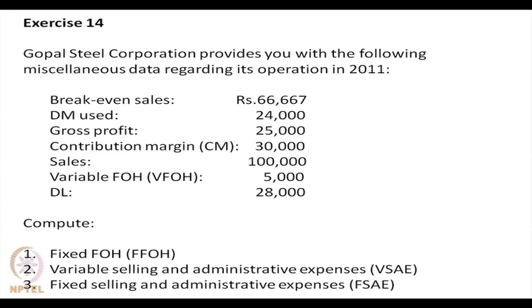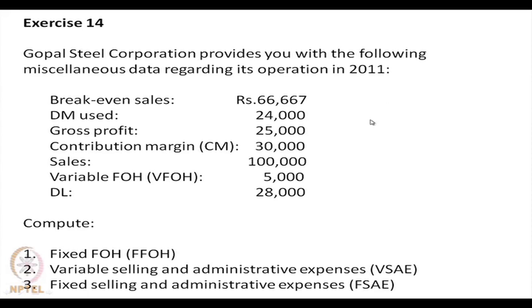We are required to find out the fixed factory overhead, variable selling and administrative expenses, fixed selling and administrative expenses. So, in this example, we are supposed to know how gross profit, contribution margin and break even sales are related with one another.